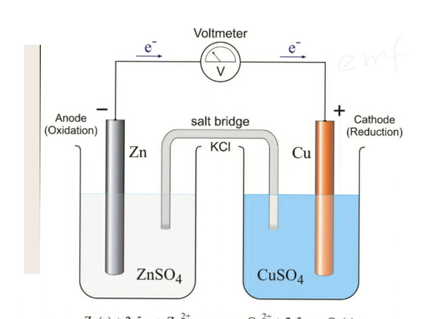EMF. So if we connect a bulb instead of a voltmeter, this EMF gets reduced because they lose the potential, so the value will reduce, right?